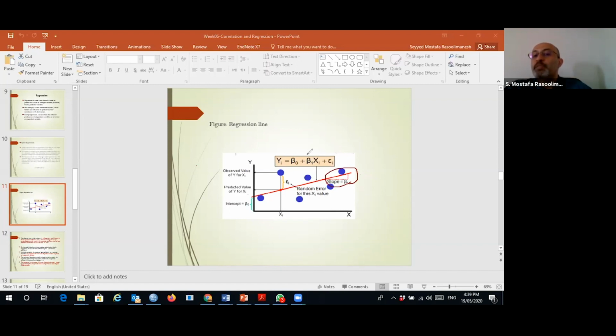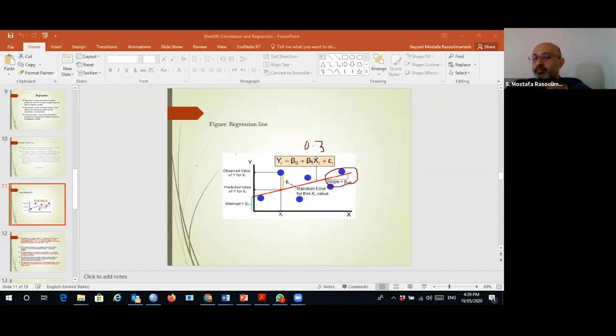So this beta 1, say if x, for example, increases 1 unit, how will y change? For example, if this beta 1 is 0.3, right?